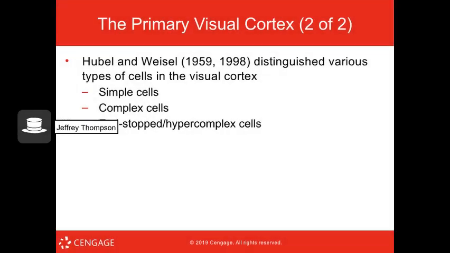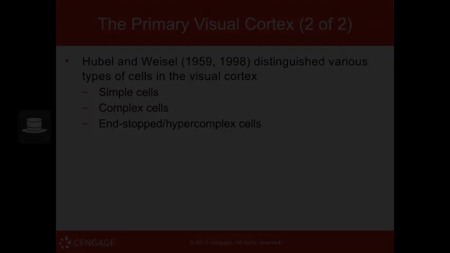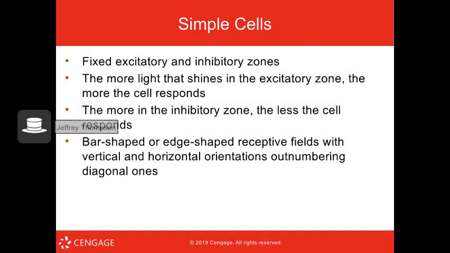So in 1959 and 1998, Hubel and Wiesel distinguished various types of cells in the visual cortex. So we have simple and complex cells, and then we also have the end-stopped or hypercomplex cells. So simple cells have fixed excitatory and inhibitory zones.